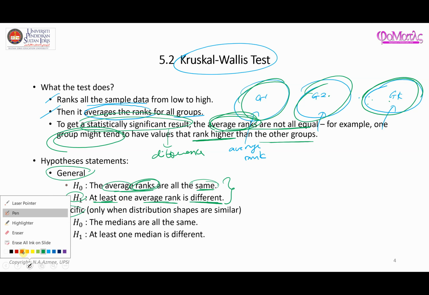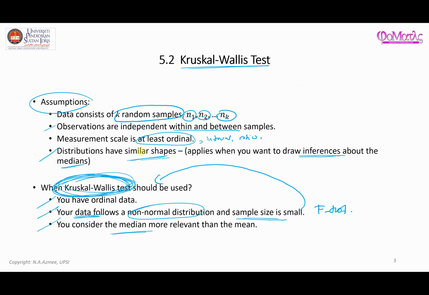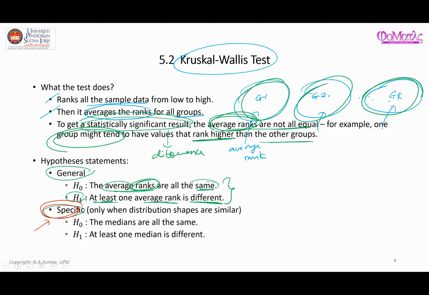Now, a specific hypothesis statement can only be considered if this assumption holds true, which means distributions have similar shapes. When distributions have similar shapes, you might be interested in studying the medians, and these are the hypothesis statements related to that interest.